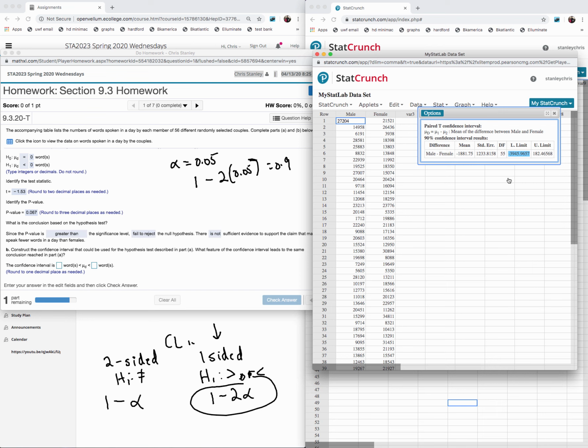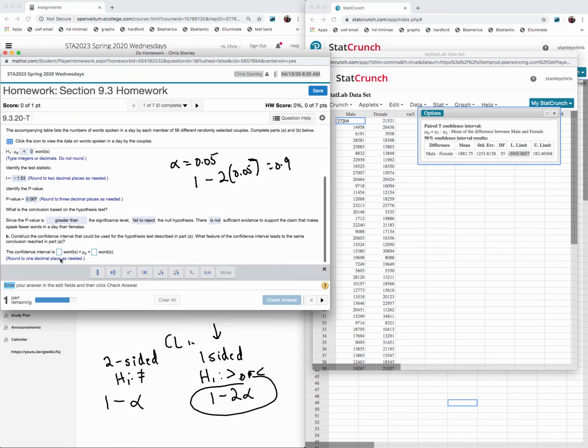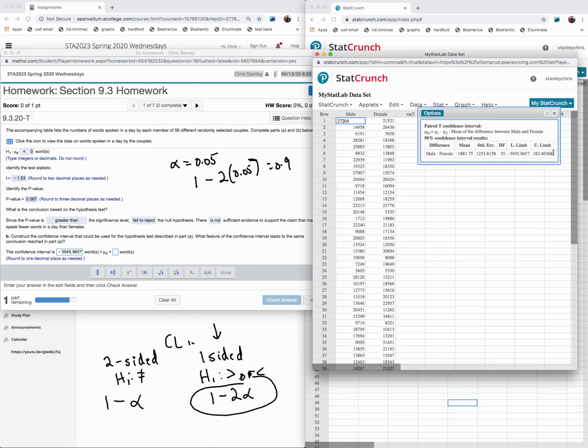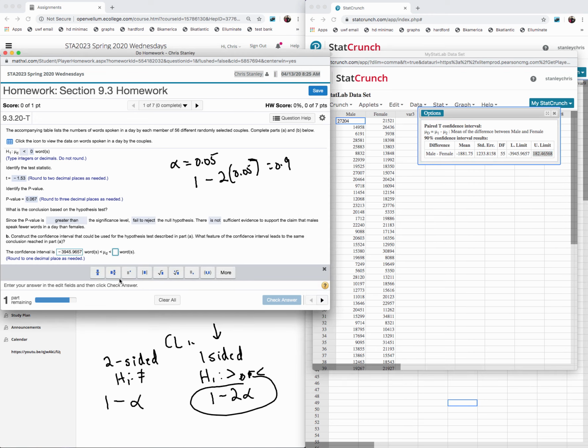So this is how much fewer guys talk than girls. And 0 should be in the interval because we failed to reject. They flipped it. They went to 1 decimal. Technically, I don't need the 0 there. I'm just putting it there.